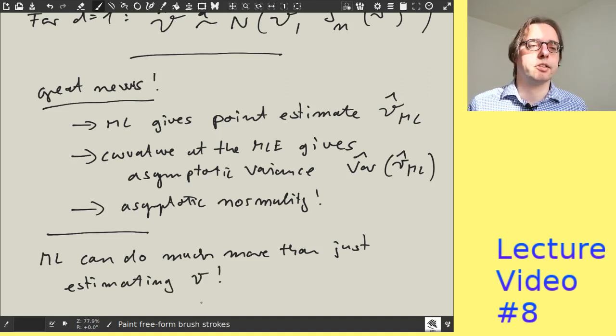It can also assign an error to theta, and also allows us to find an approximate distribution.